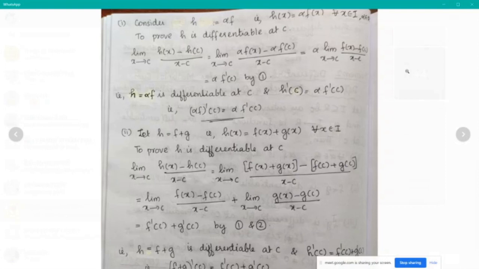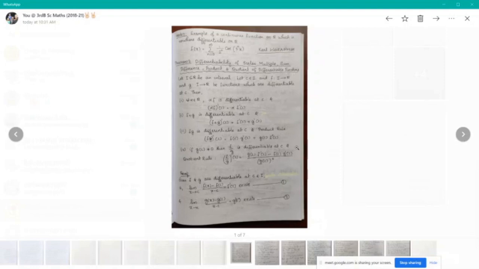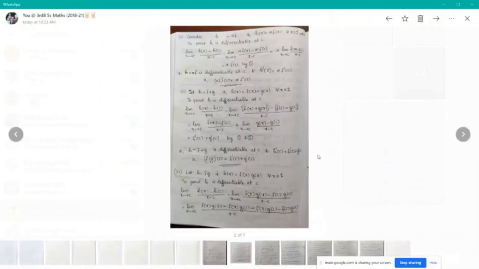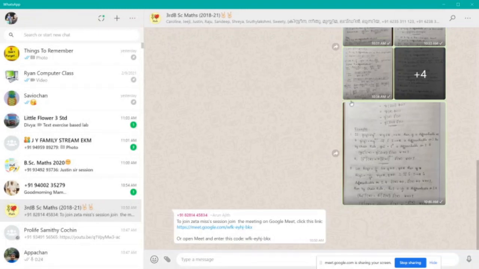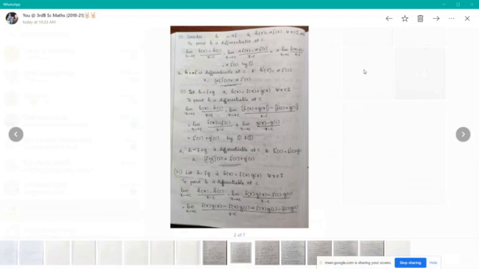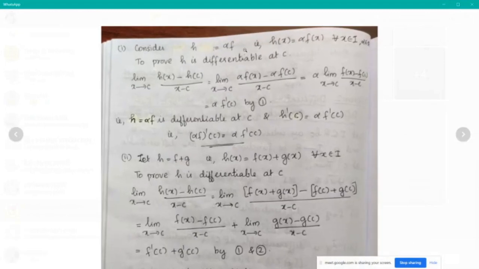The limit of alpha into a function is the same as alpha times the limit of the function. That's alpha, taken outside. And this limit exists by condition number 1. That limit is equal to f dash c. So you can write this is equal to alpha into f dash c. That completes the proof that alpha into f is differentiable at the point c.